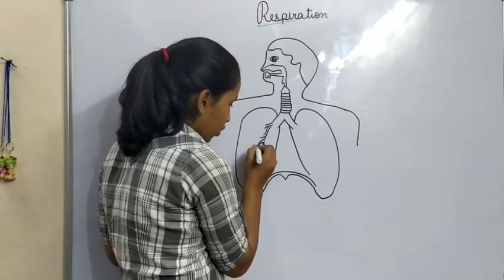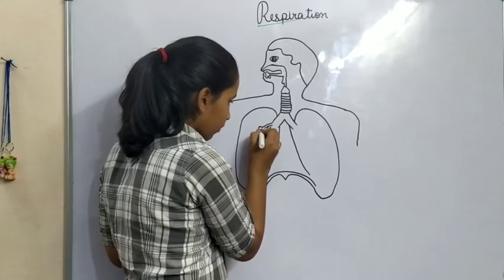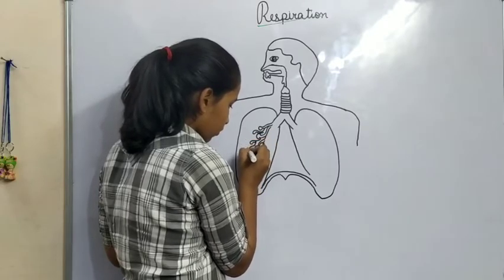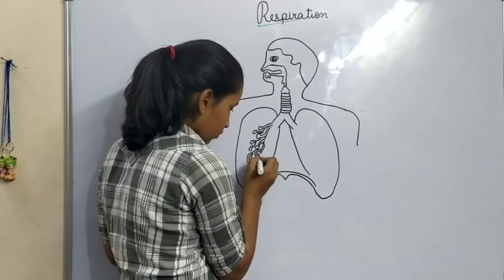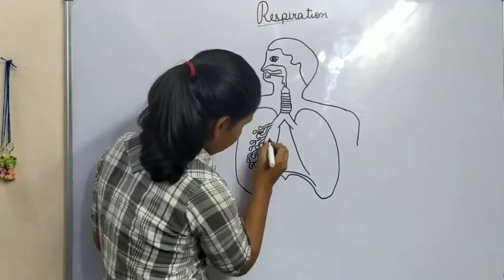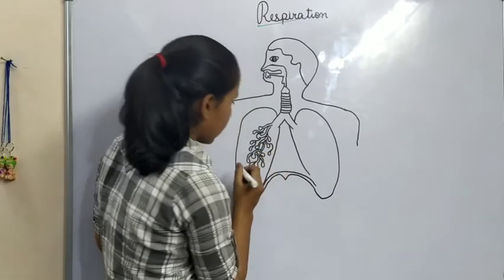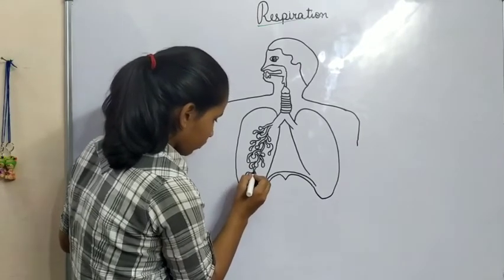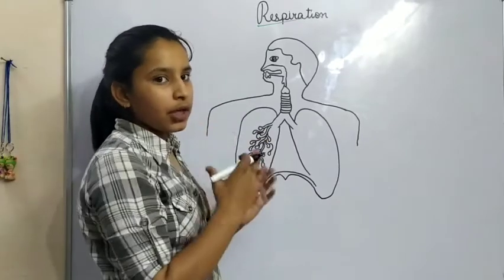Now at last make a balloon-like structure. Now we will make half cut ribs.